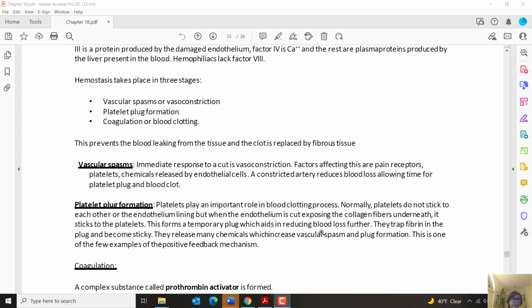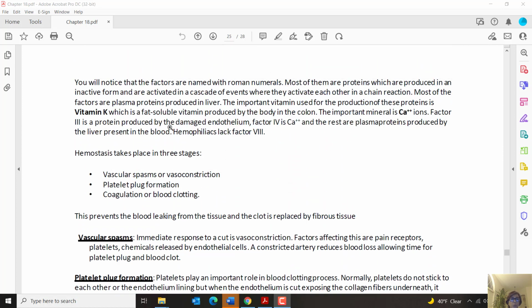So what all does it require? It requires vitamin K and calcium ions. Calcium ions is one of the factors. When we talk about coagulation, we are talking about 12 different factors, or 12 different substances, that are found in the plasma.